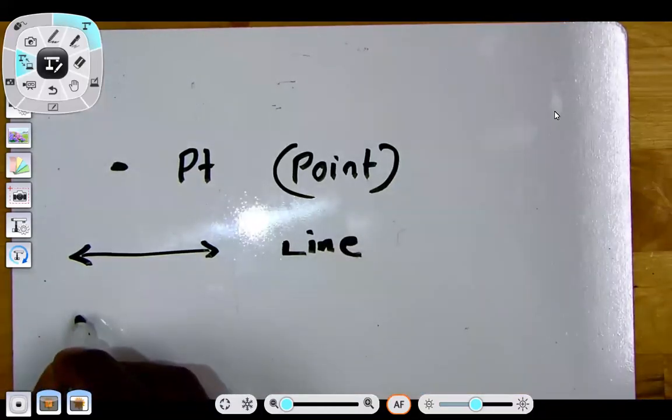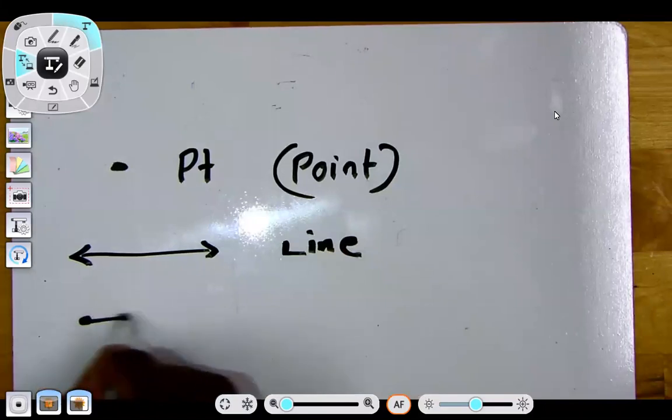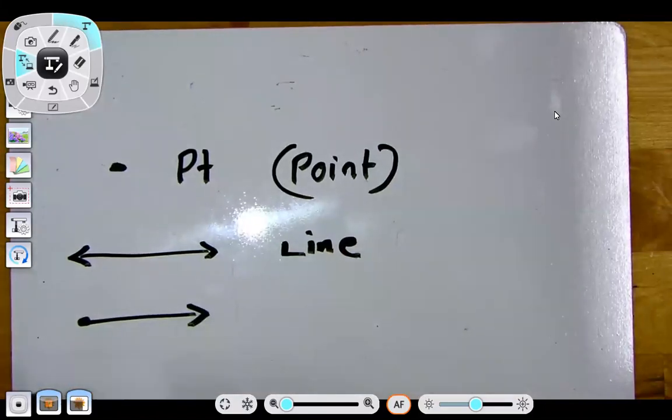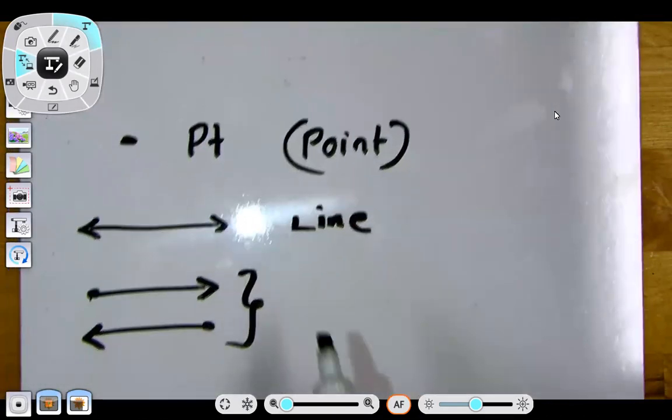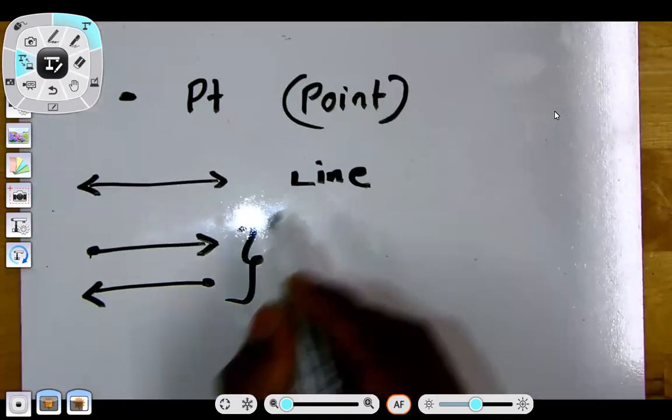If you have one arrow, starting from one point and going all the way in this direction, that's called a ray.